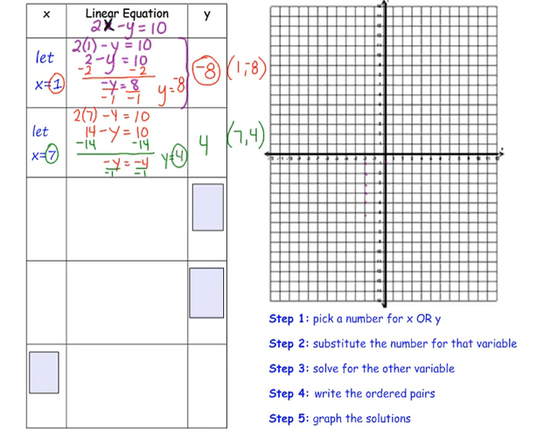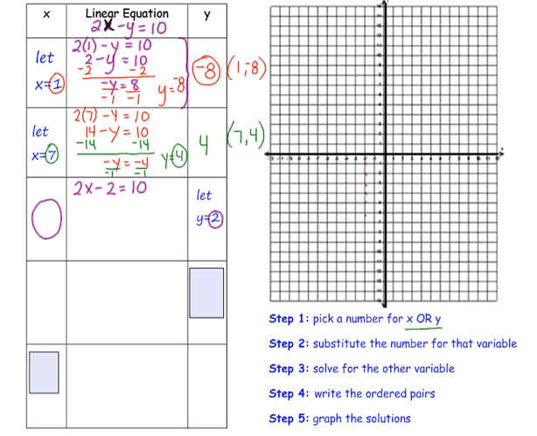And in step 1, you see that you can choose a number for x or y. So let's practice now when we set the value for y. Let's let y equal 2. Substitute 2 in for y. Our original equation is 2x minus y. We're going to replace y with 2. And this time we will solve for x. Simplify.